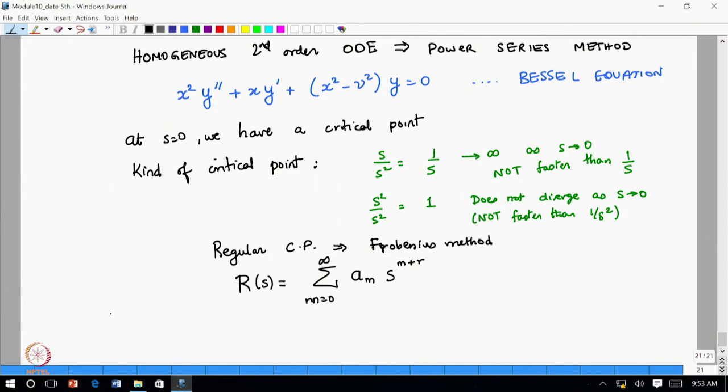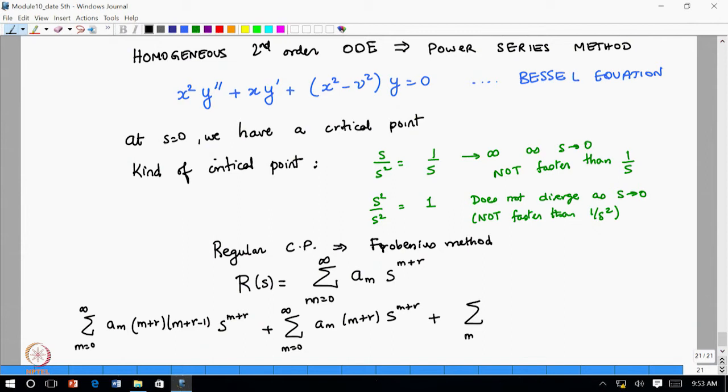So then what I get is the sum over m equal to 0 to infinity of a m times m plus r times m plus r minus 1 s raised to m plus r minus 2, plus the sum over m equal to 0 to infinity of a m times m plus r s raised to m plus r, oh sorry, now we had an r square, so that goes away, m plus r again, plus the sum over m equal to 0 to infinity of a m s raised to m plus r plus 2, equal to 0.